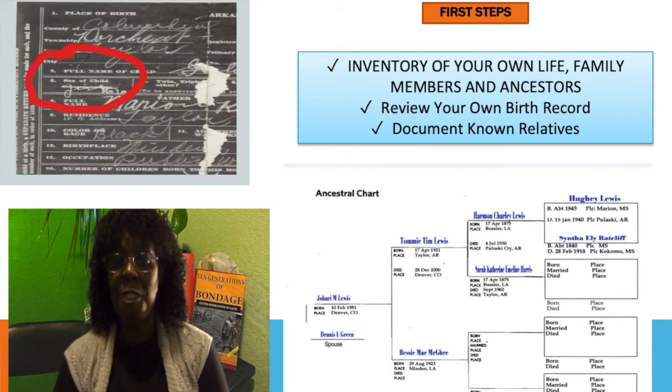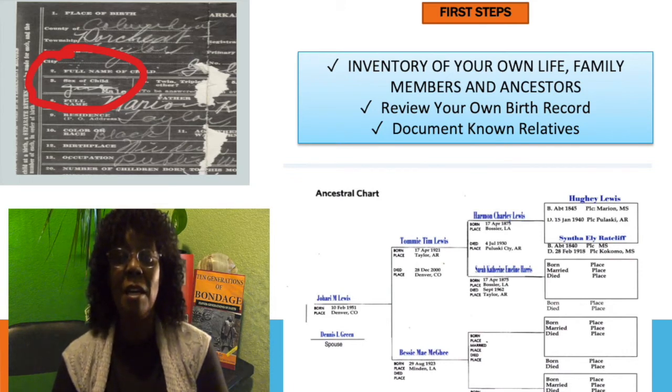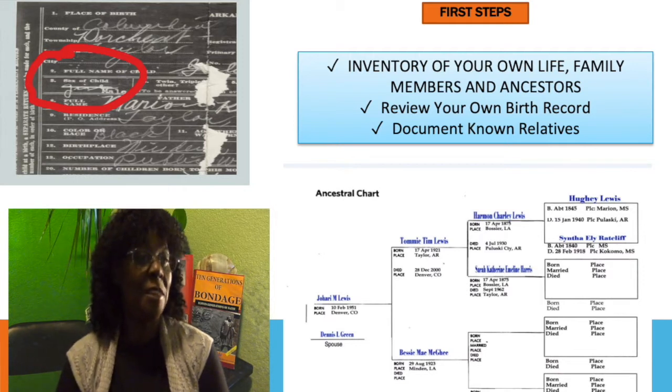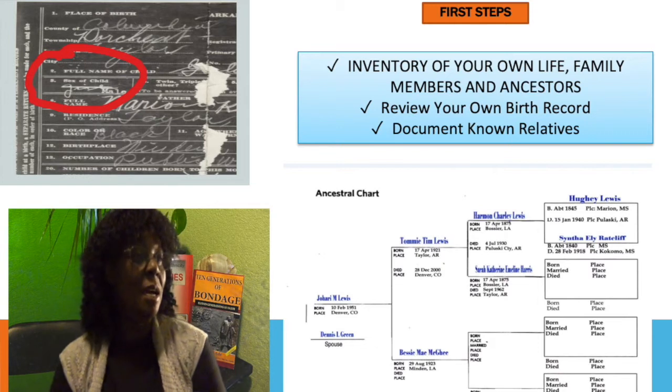Actually, the person was a male, and that was a problem when he tried to get into the military. He went in and said, I'm a male, and they said, well, sir, ma'am, your birth certificate says that you're a female, so he had to figure out how to correct that.